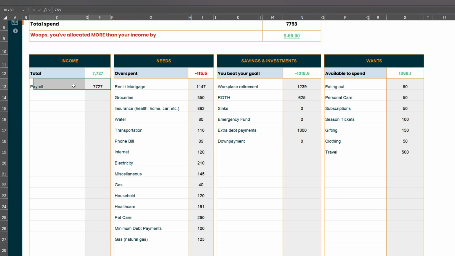The other thing I want to note is this is not my take-home pay. Nischa has recommended that as part of your analysis, you include what you're paying and what your employer is paying in insurance, as well as what you and your employer are contributing towards your long-term investments.